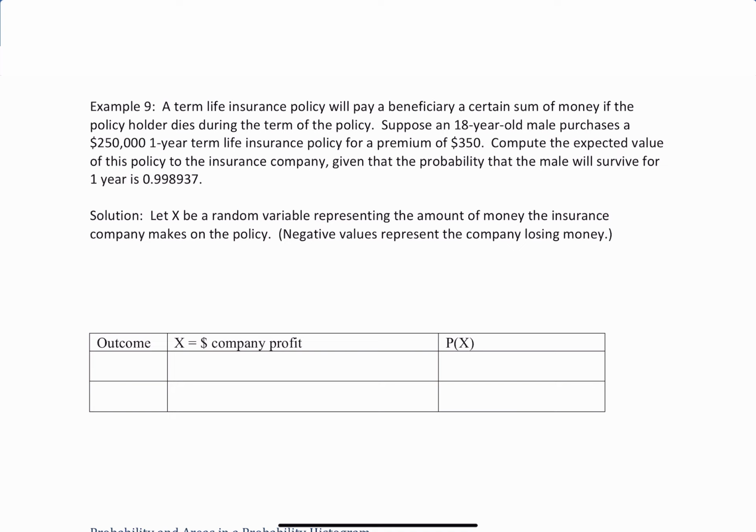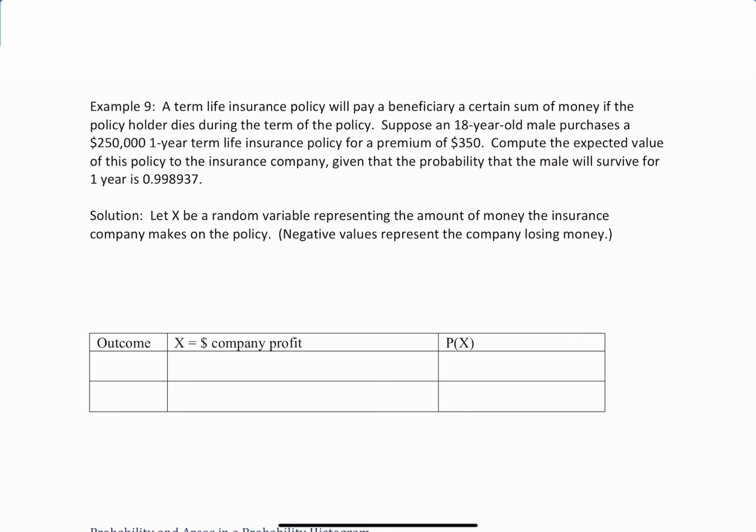So what that means is he pays the insurance company $350, and they agree that if he dies within 1 year, that's the term of the policy, they will pay out $250,000. If he survives the year, he gets nothing.